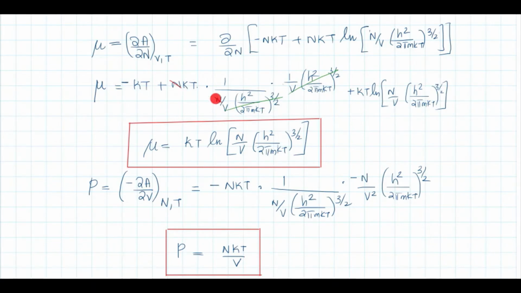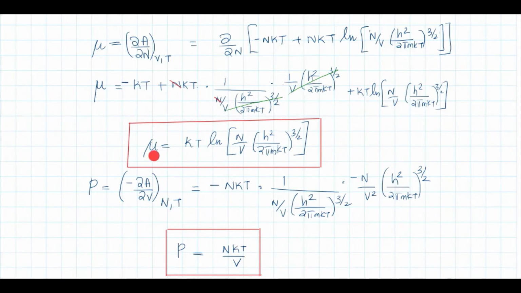This n and this n will cancel, and 1 by v h square by 2 pi m kT raised to 3 by 2 will cancel with this. So this minus kT and this plus kT will cancel. So mu is simply kT log (n by v h square by 2 pi m kT raised to 3 by 2).